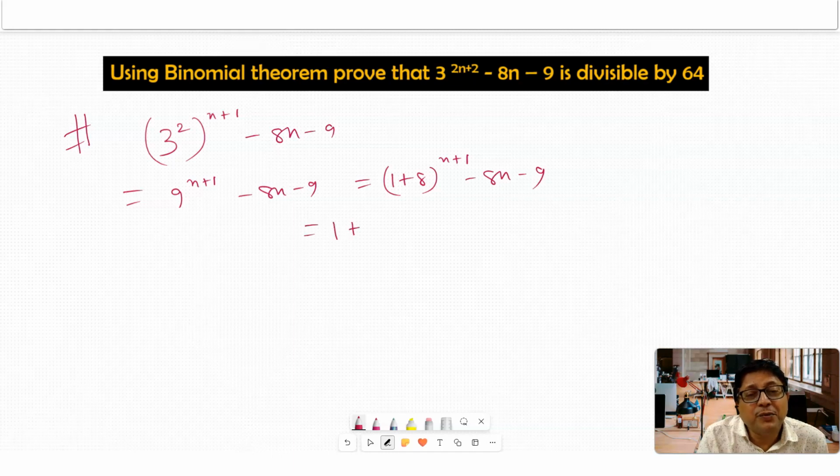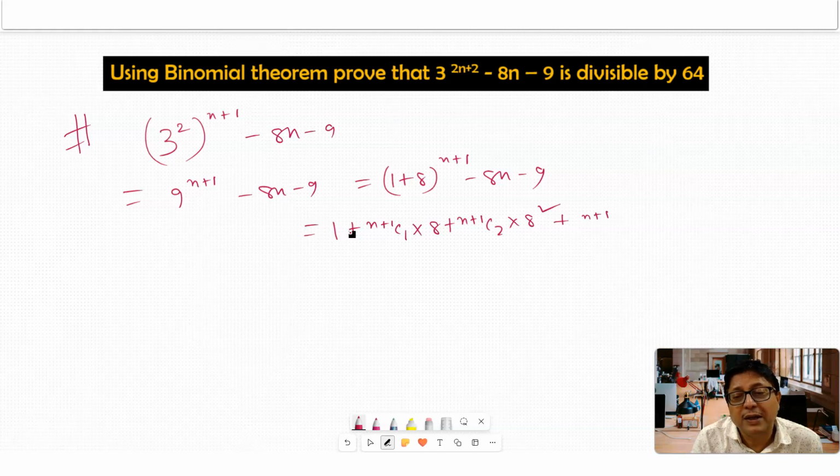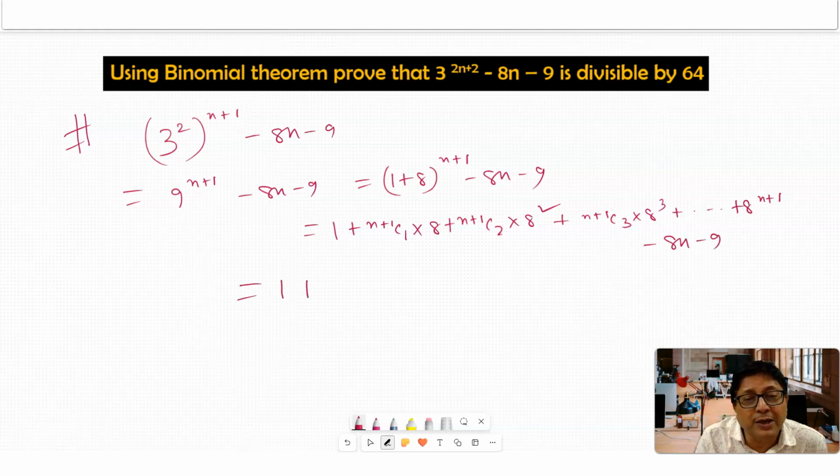So you write 1 plus n plus 1 c1 times 8, plus n plus 1 c2 8 square, plus n plus 1 c3 8 cube, this minus 8n minus 9. So you write 1 plus n plus 1 c1 is n plus 1 only. This will be n plus 1.